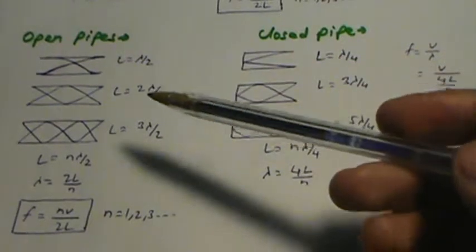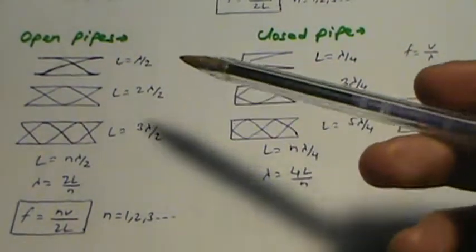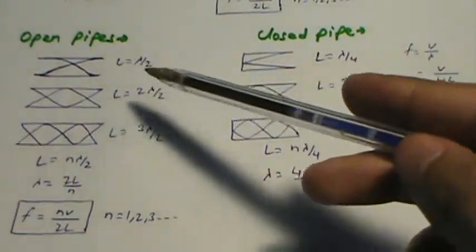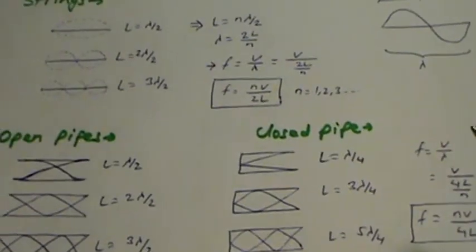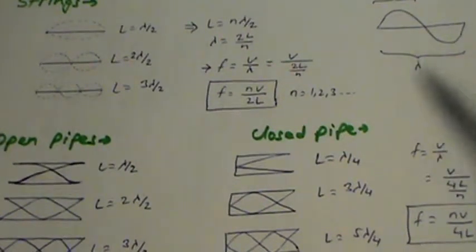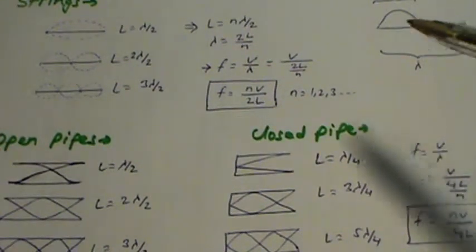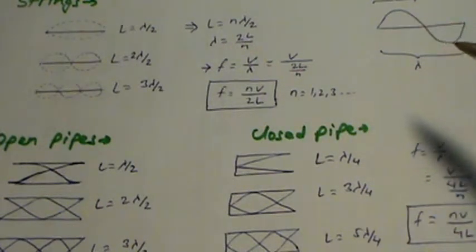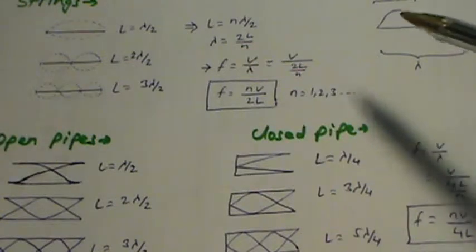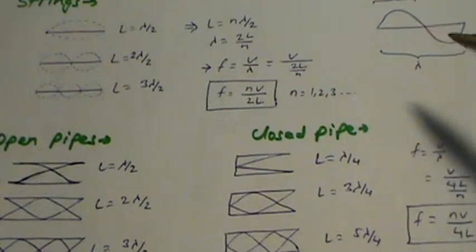So let's start with our open pipe. For the open pipe, in this case L equals lambda over 2, and the reason it's lambda over 2 is, you can again go over here and see that a complete wave is formed. Let's say if we start here, if it goes down and if it comes up to the same height, that would be one complete wave.